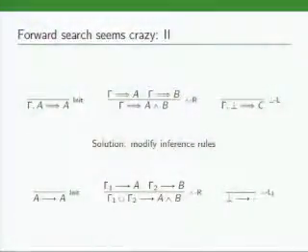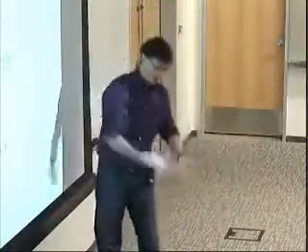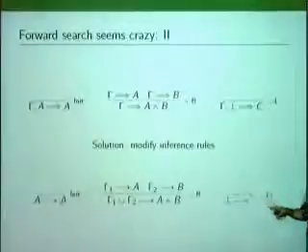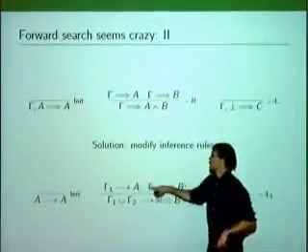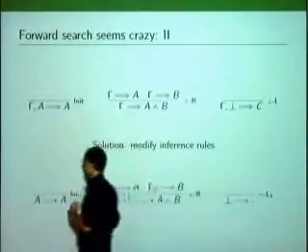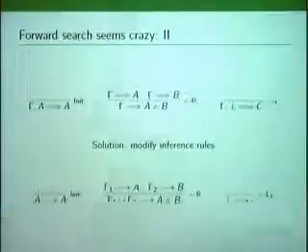So the solution is just to modify the inference rules. In a simple way, you just take account of the fact that you're proving things forwards, not backwards. So we invent a new symbol, which is dot, that just says false proves anything. And we combine contexts rather than forcing them to be equal, as in the backwards rule. And the most important one is that the initial sequence has no context, which completely changes what the meaning of the forward sequents is.